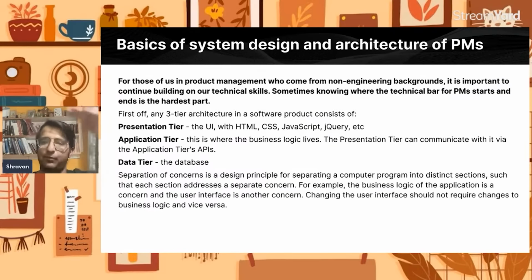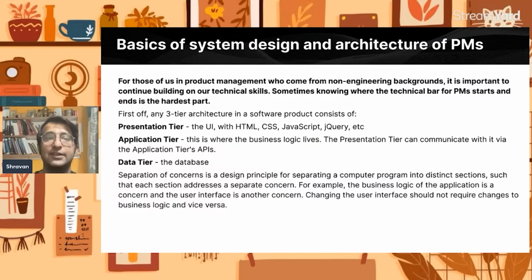Now in the application layer, you change the logic and say that now I don't require email ID and it is optional. If you change the logic in the application layer, it should not affect the presentation layer, nor should it affect the data layer. This concept is called separation of concerns. For example, changing the user interface should not change the business logic and vice versa.